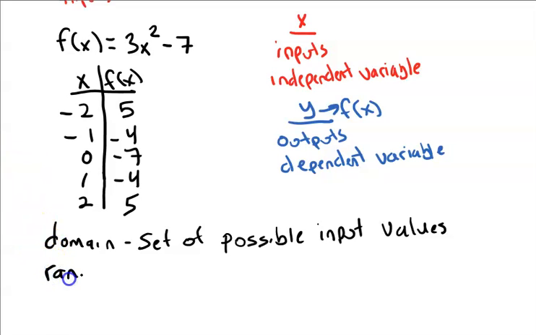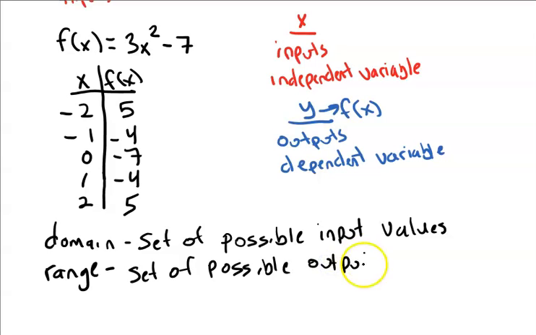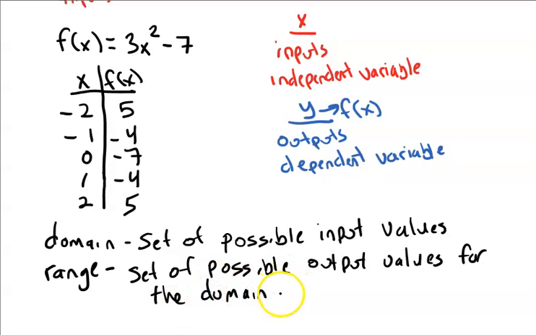The range we're going to define as the set of possible output values for the domain items.